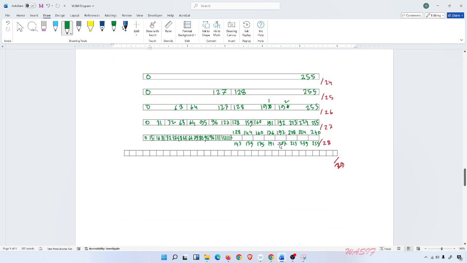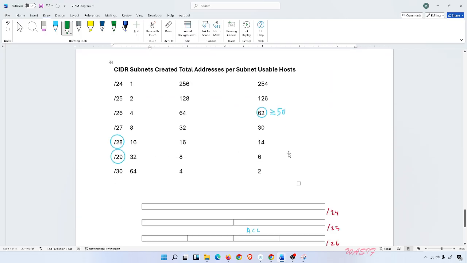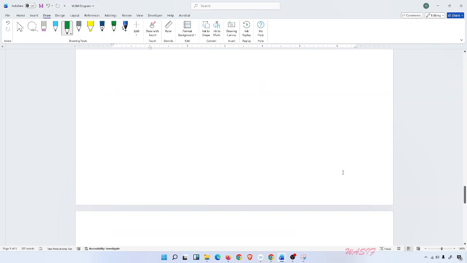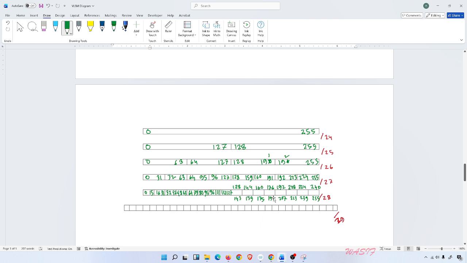If I see that, 192.168.0.176 to 192.168.0.191.